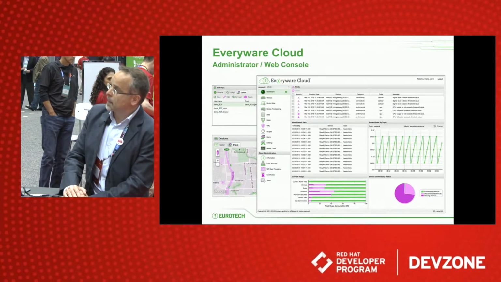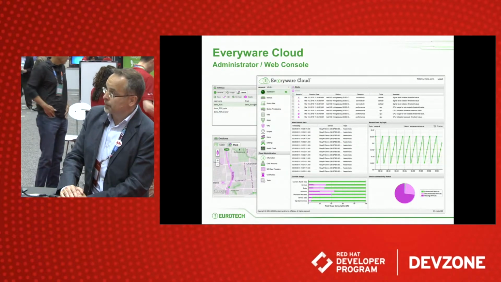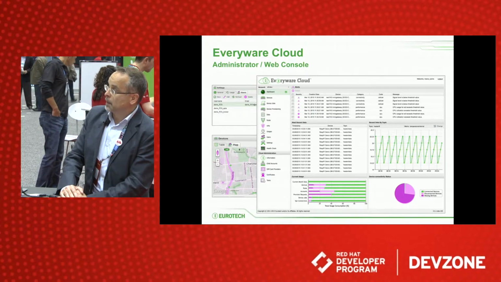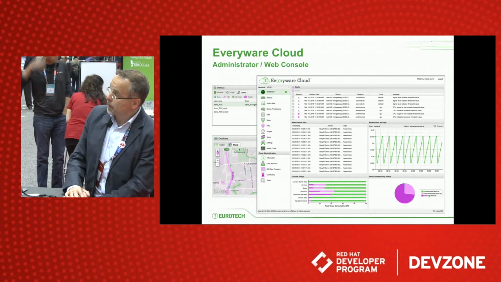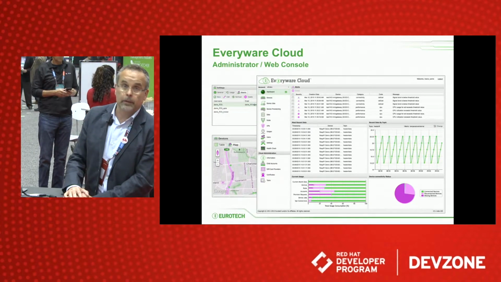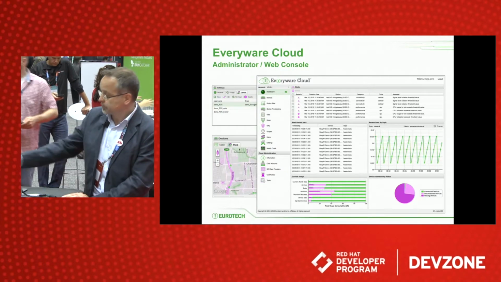Here is a sample of the Everywhere Cloud web console, in which you can actually see an inventory of all the devices connected to the cloud. You can see the data that is being published to the cloud and the status and health of all the devices connected.